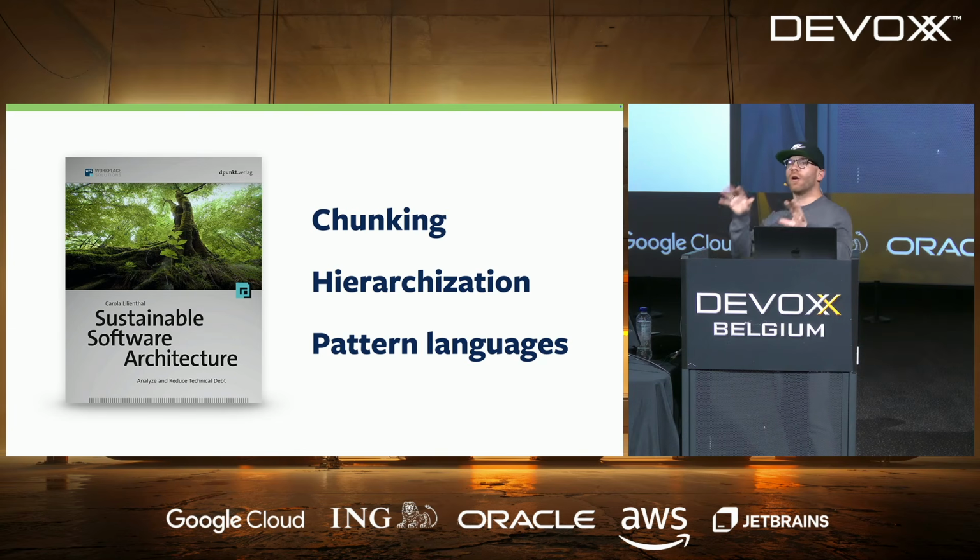Hierarchization means we organize things in hierarchies, in relations to each other, and ideally those hierarchies are non-cyclic, right? If the hierarchy is a directed acyclic graph, it's easier to reason about, because we can take a node and find out about all the paths that we need to understand first before understanding that one.